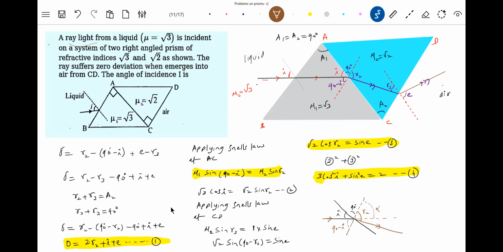This is I, no. So this total angle should be higher.